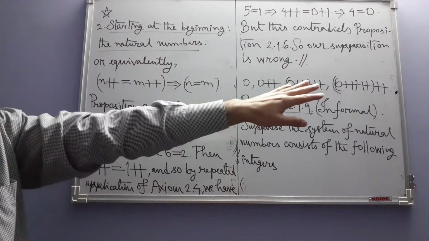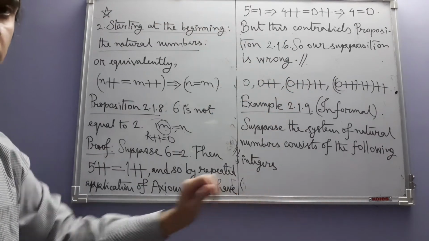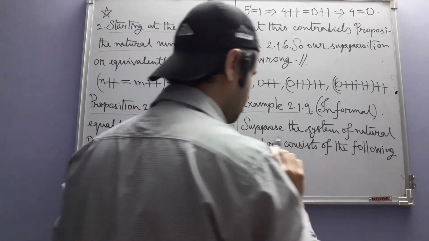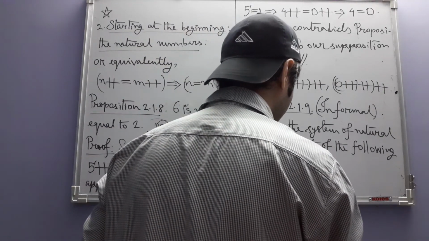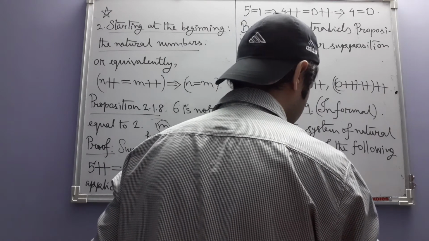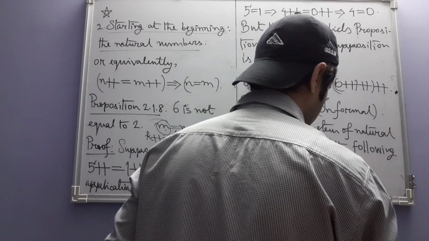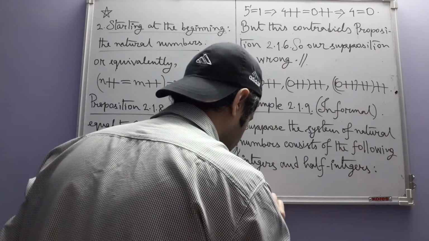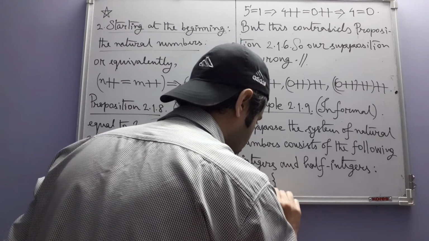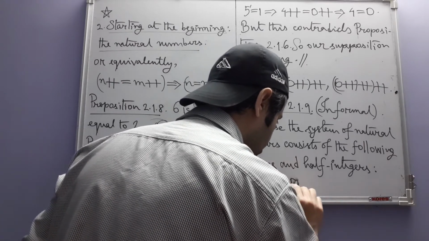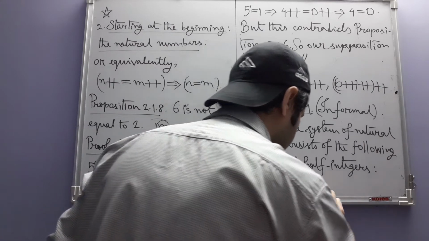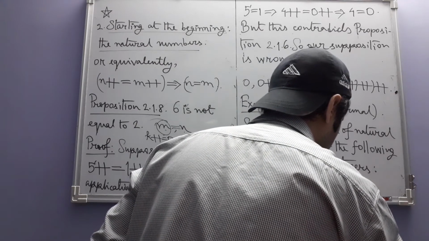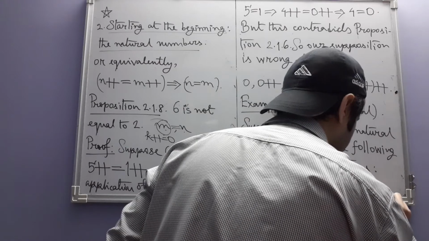It will come only after we have constructed the natural number systems. But anyway, we use this word, so that's why it's informal. Integers and half integers: 0, 0.5, 1, 1.5, 2, 2.5, and it goes like that.